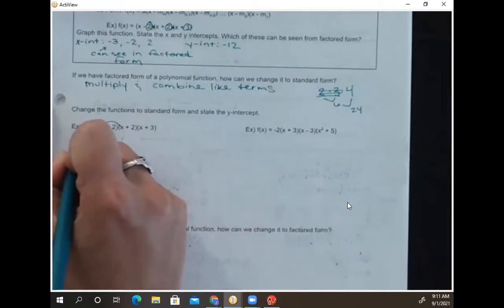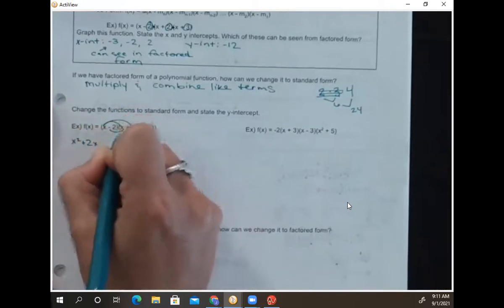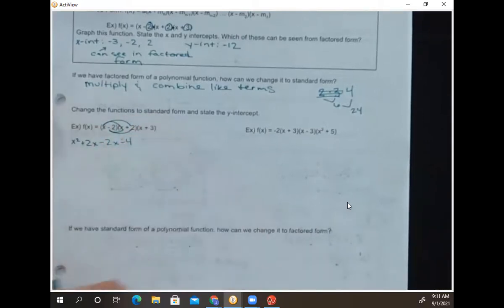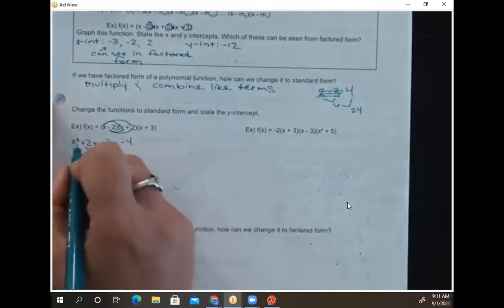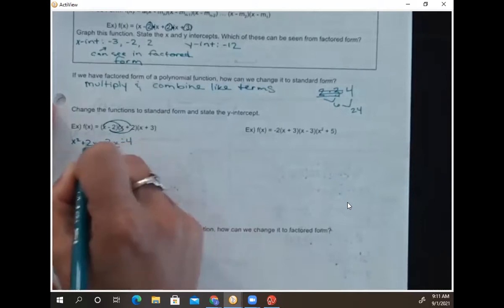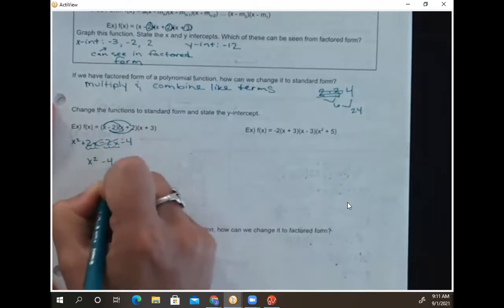So this would be x squared plus 2x minus 2x minus 4. And then I'm going to go ahead and combine these like terms here. So this would give me x squared, 2x minus 2x means I've got no more x terms, and then minus 4. So x squared minus 4.